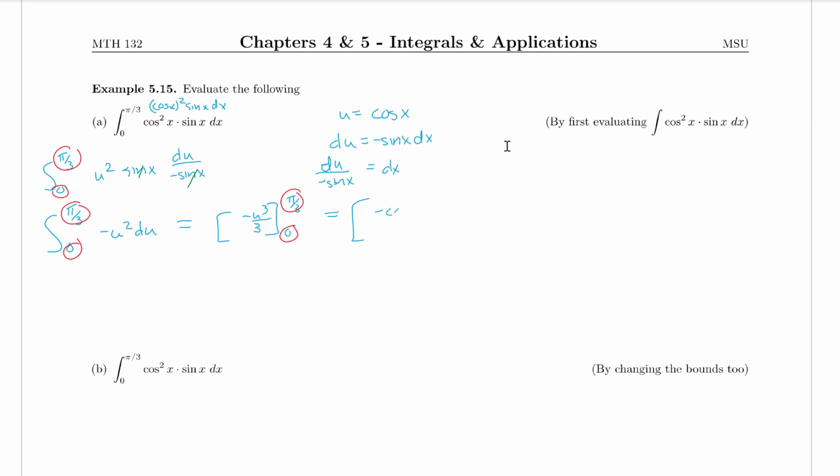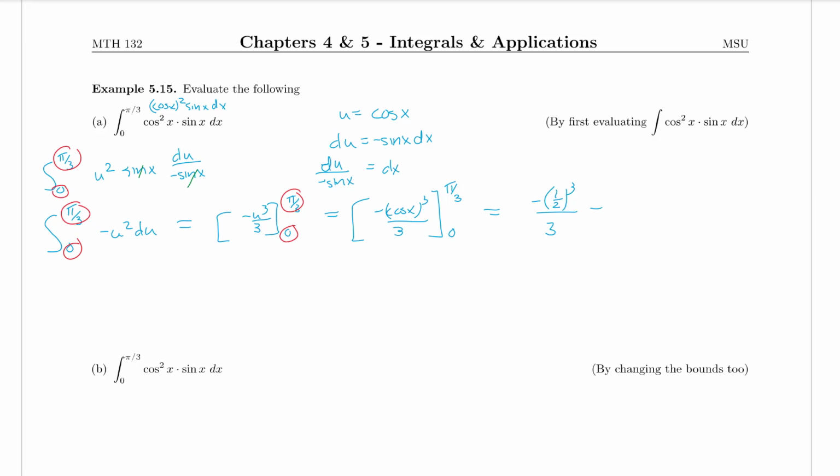So we have negative cosine of x cubed over 3, and we're going to evaluate that from 0 to pi over 3. Now I can drop the circles on my bounds because I'm back in terms of x. To evaluate this, I'm going to plug in pi over 3. So I get negative cosine of pi over 3, which is 1/2, so I have 1/2 cubed over 3.